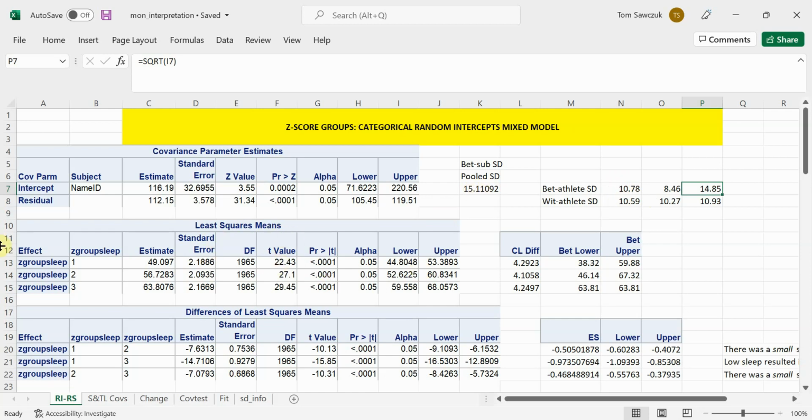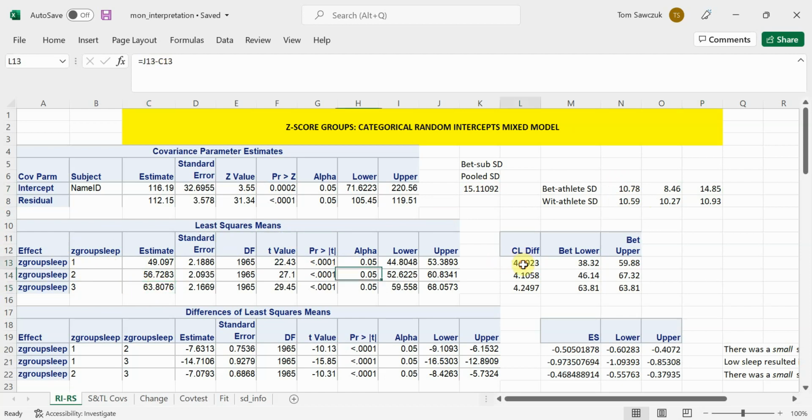We have the least square means for each group. So when low sleep is experienced, we expect 49.1 to be the well-being score the following day. It's 56.73 for medium sleep, and 63.81 for high sleep.